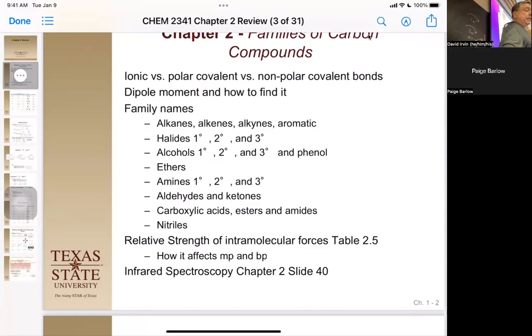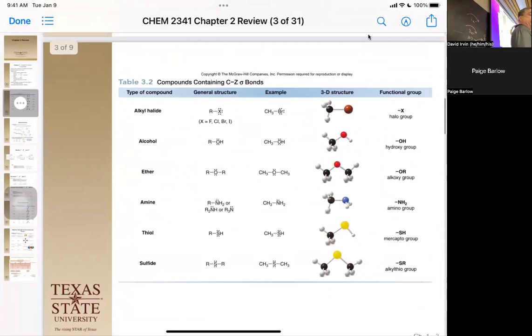So the first things, these are all the things that are on our list there. I've picked out some figures from other books just to give you some variety here. This is in our book right here, but know the different classifications and know what their regular functional group is and know that they can be hooked to any R group, right?